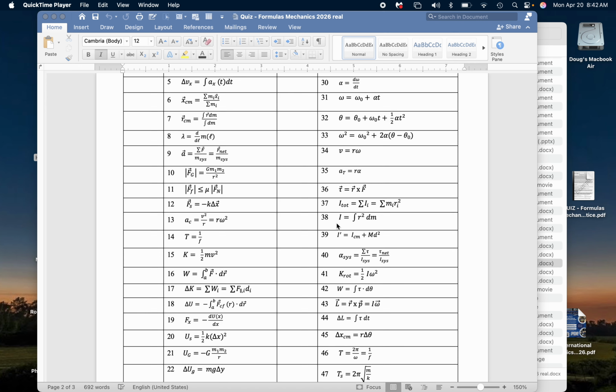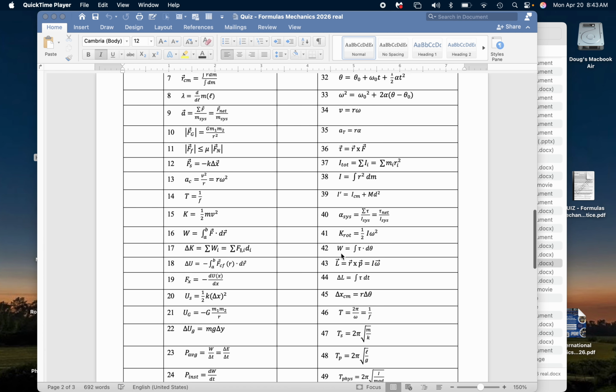39 is a way to figure out the total moment of inertia for something not rotating about the center of mass. So I'm thinking of 39 as something with the parallel axis theorem. So it's the moment of inertia about the center of the mass plus the extra moment of inertia because something's rotating somewhere else. 40, Newton's second law for rotation. 41, rotational kinetic energy. 42 is the work you would do when something is rotating.